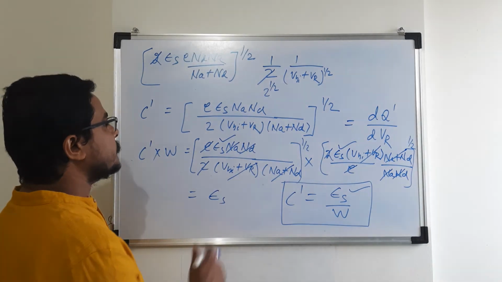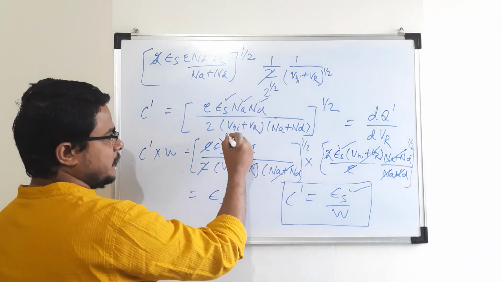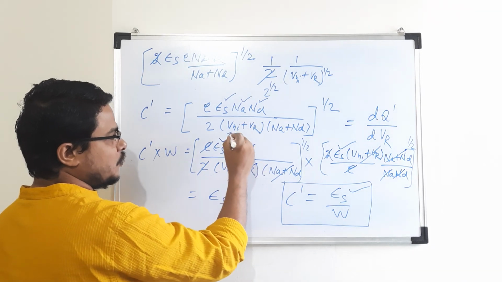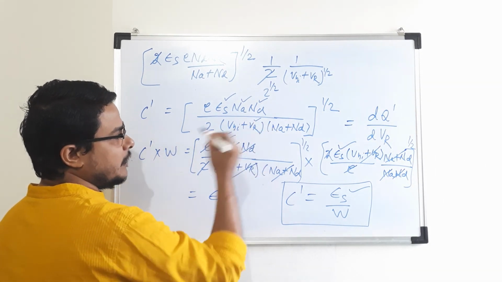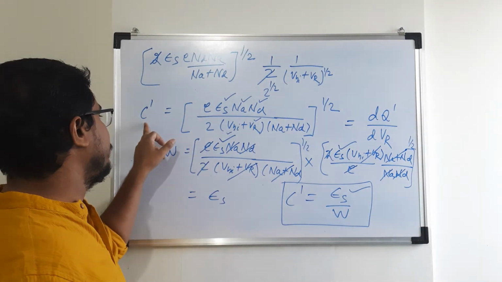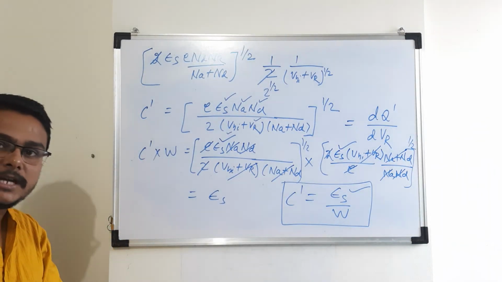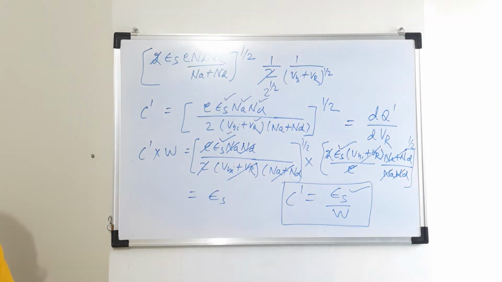So knowing the semiconductor permittivity, doping profiles, and the built-in potential barrier, which is a known value, and this Vr, the amount of reverse applied bias you applied, you will be able to find out the capacitance value, which is known as the junction capacitance or the depletion region capacitance.